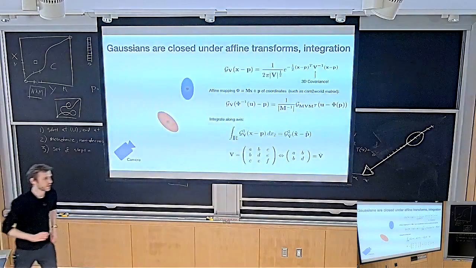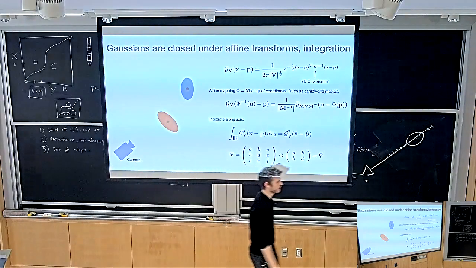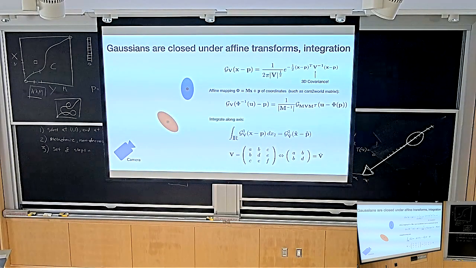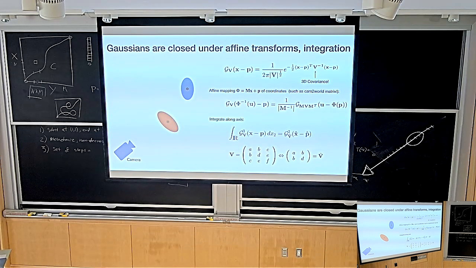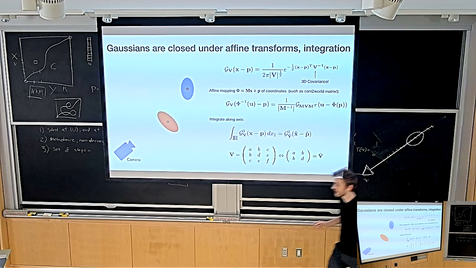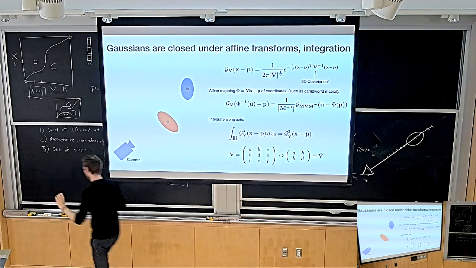It's basically this third property that we're exploiting here: the integral of a Gaussian along one of its axes, in this case the x2 axis, is just the same as taking a 2D Gaussian and evaluating it at that point. This is a very good thing that I didn't explain.